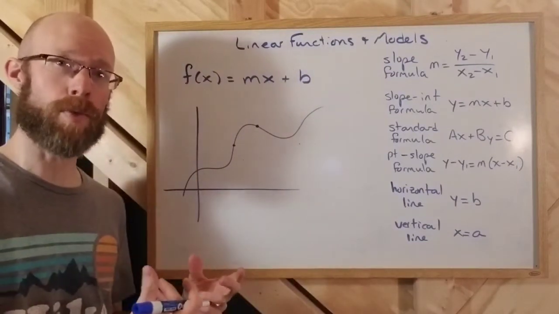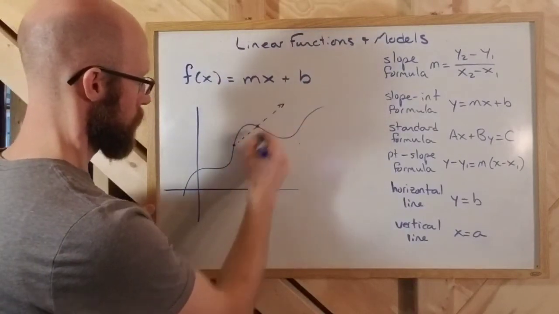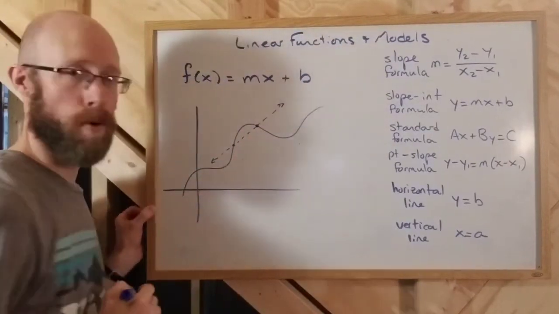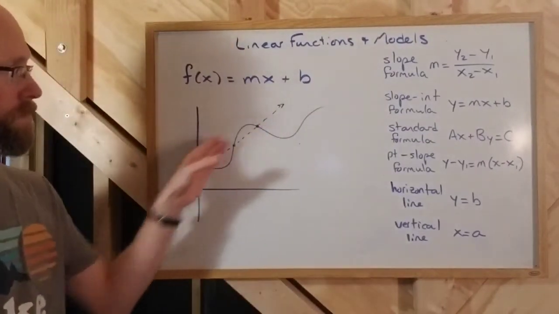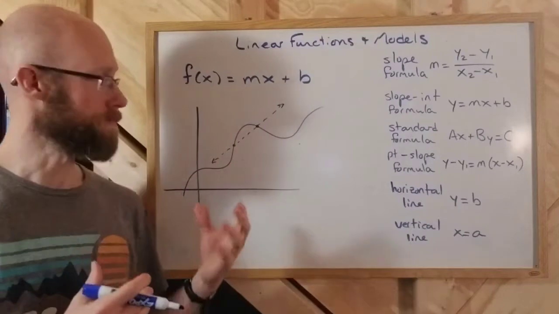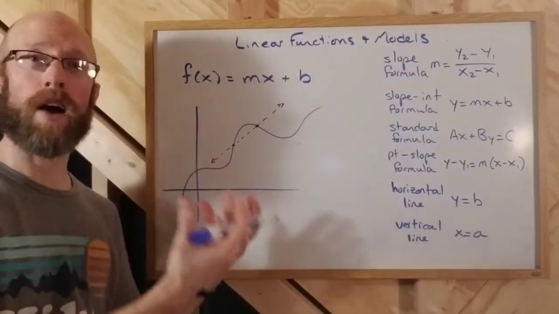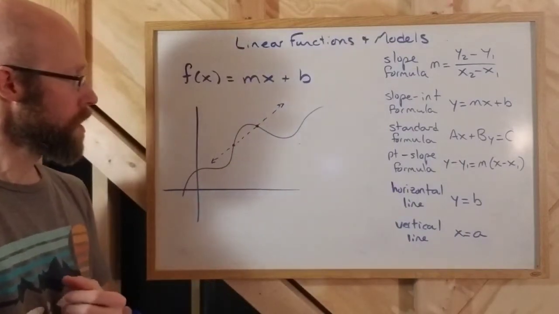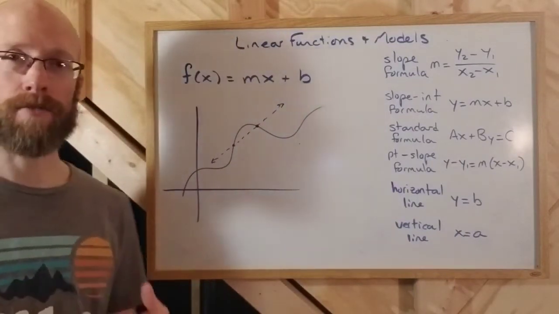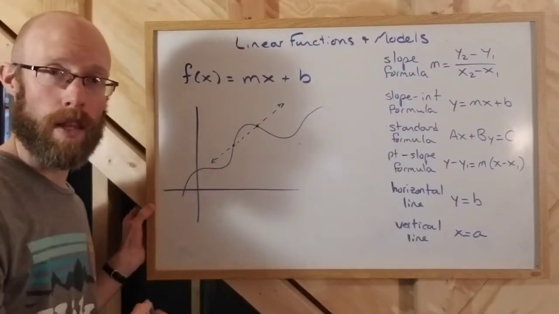But the average rate of change is essentially the slope of a line that connects the 2 points. It averages those out, or tries to account for the rate of change at all the points. So to find an average rate of change, you're looking for the slope of the line.